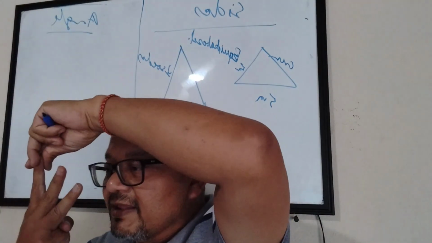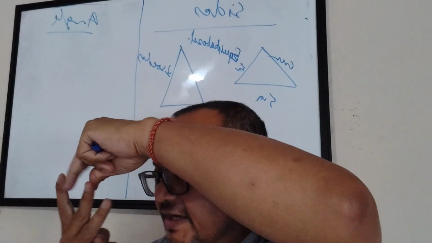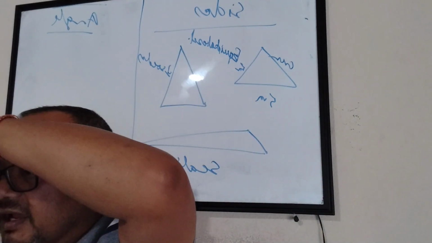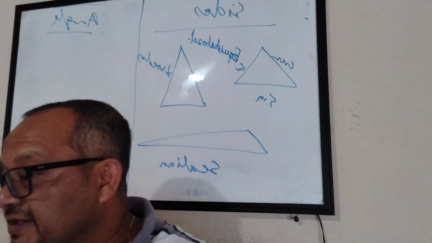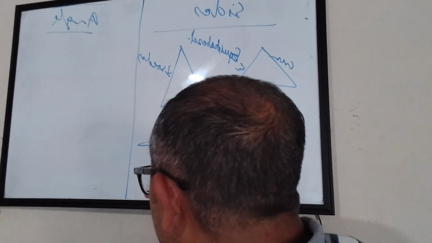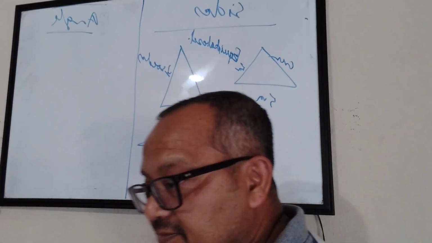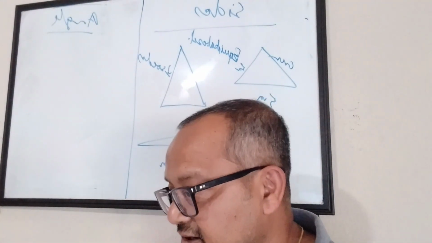One is when the three sides are same, that is equilateral triangle. Second one is when the two sides are same, that is called isosceles triangle. And when all the three sides are different, meaning none are same, that is called scalene triangle.